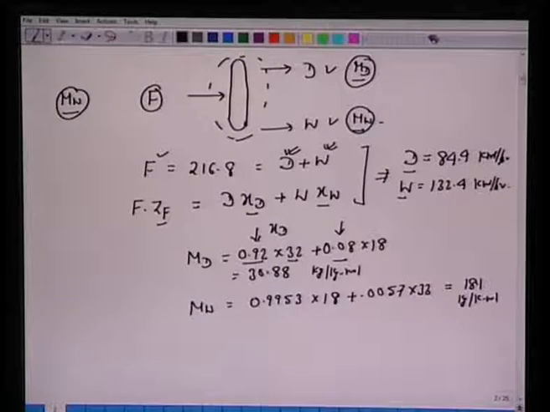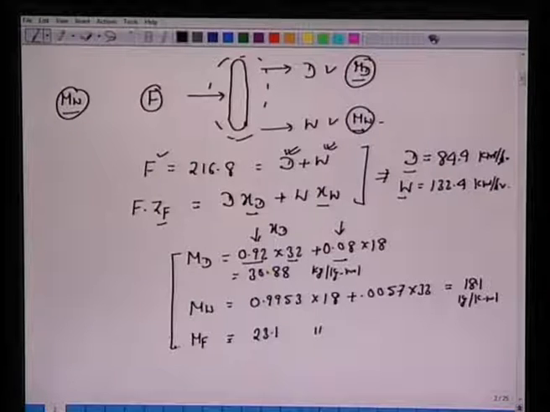Alright, similarly we can calculate, you should be able to show that the average molecular weight of the feed, MF, is 23.1 units. Alright, so far we have done very simple calculations for the distillation column. Okay, the three streams, one feed F, D and W.